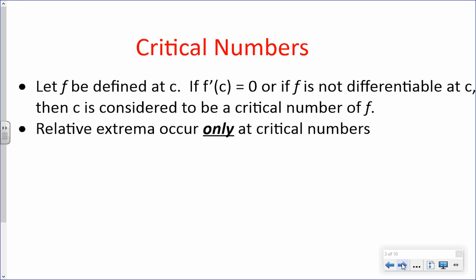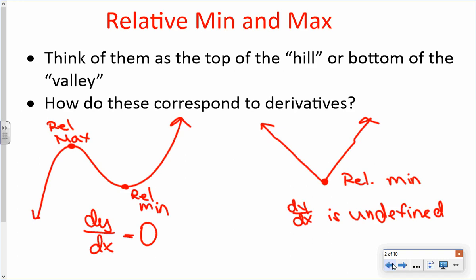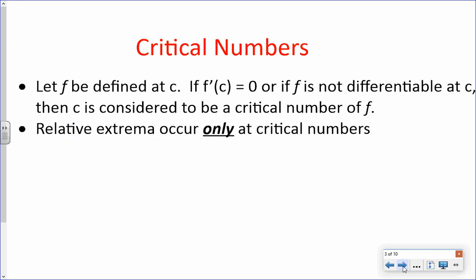Now, critical numbers, this is something that we're going to talk about all week. But I'm just going to slide back for a moment. Where we have undefined derivatives or derivatives that are zero, we have a potential for a relative minimum or maximum.